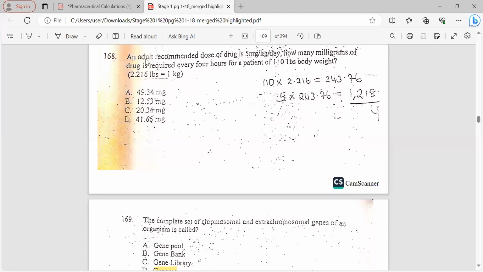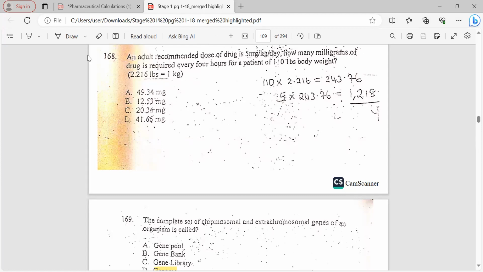So the question says, an adult recommended dose of a drug is 5 milligrams per kg per day. So how many milligrams of the drug is required every 4 hours for a patient of 110 pounds?